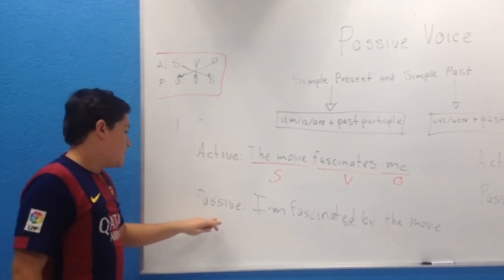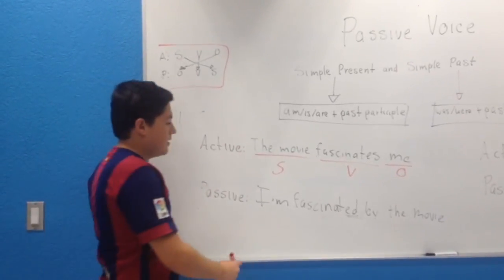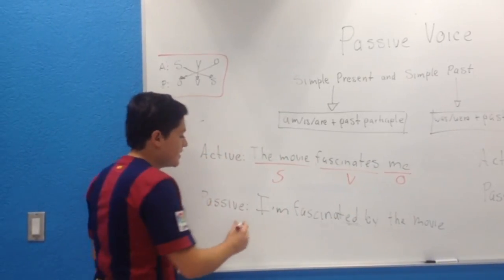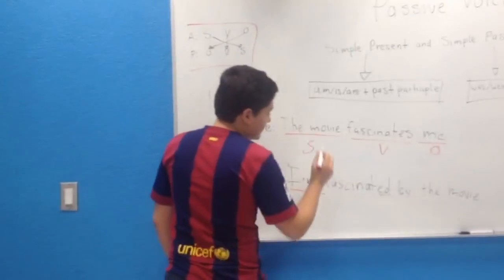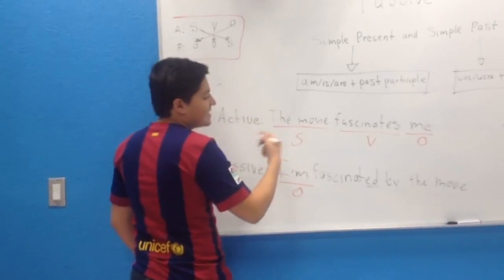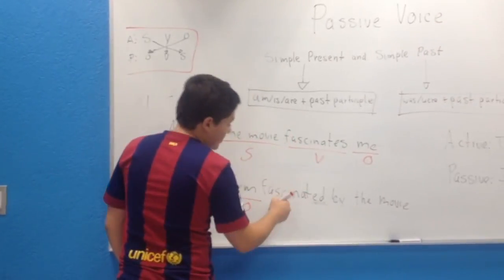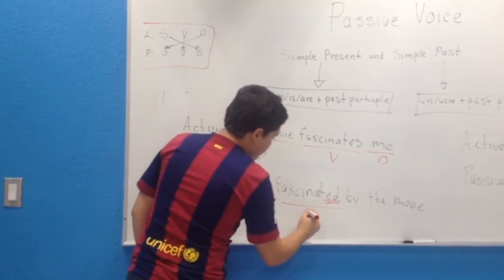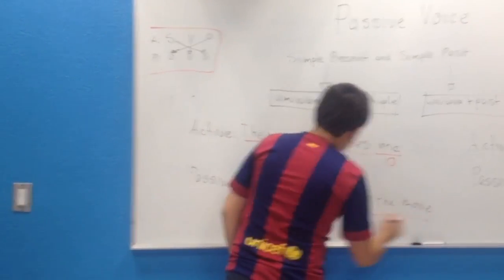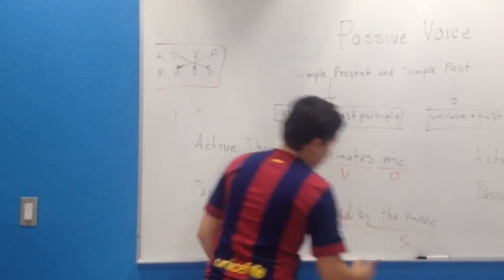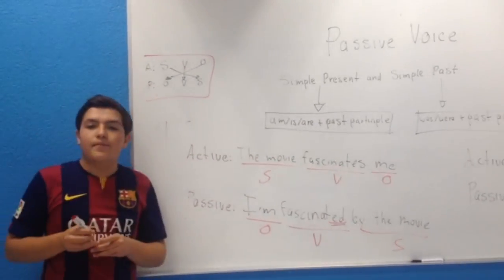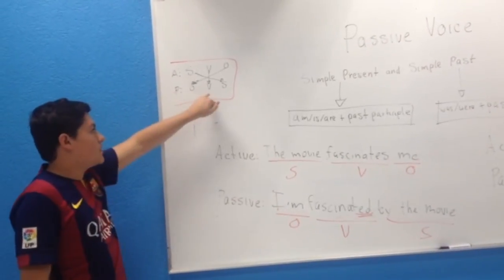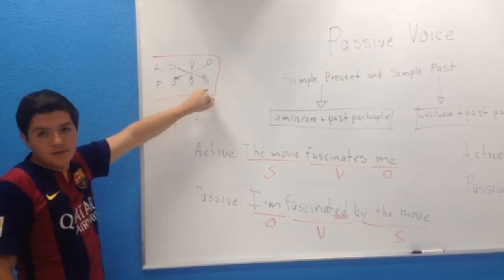In passive: I am fascinated by the movie. First, I am, the object; fascinated, the verb in past participle; by the movie, the subject. This is how passive voice works: first object, verb, and subject.